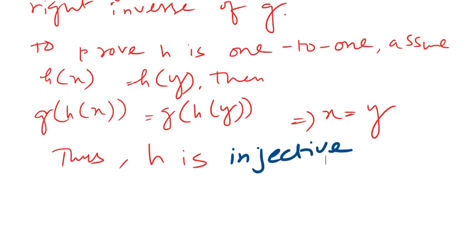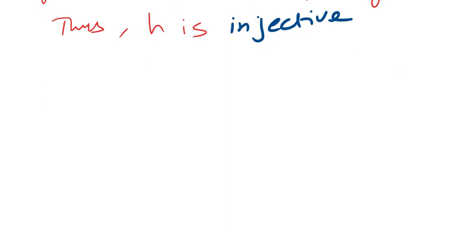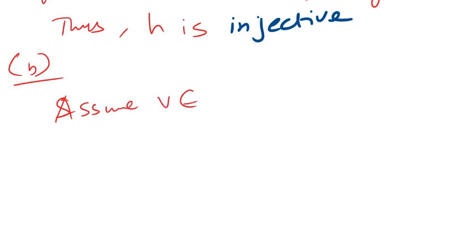Okay, and the next proof would be, suppose f is defined from R to the power n to R to the power m, a linear map, 1 to 1, and the range of f equals the kernel of g.